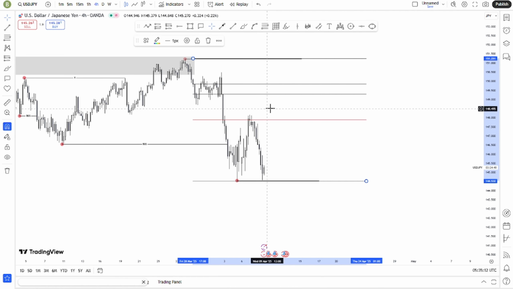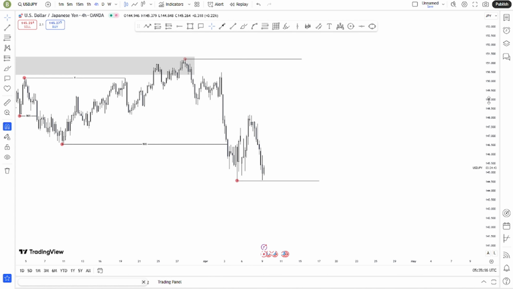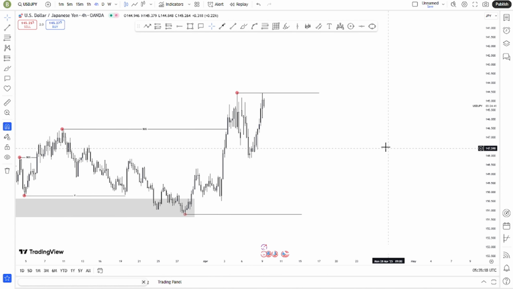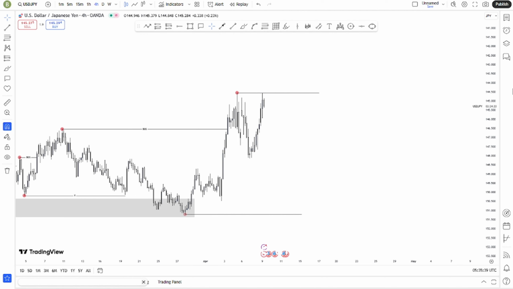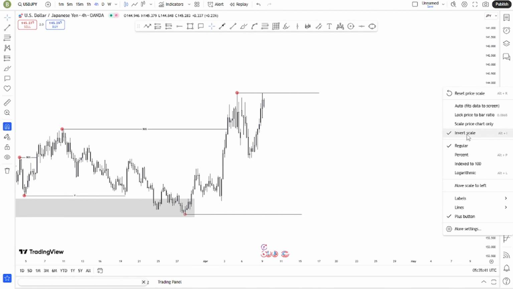If you're looking for buying opportunities, then let's say maybe just like that, let me invert this thing here from the low to the high, then it means that you have to take entries below this red line here. It means that this area here of imbalance or an order block, for example, if we had an order block, it would be valid. What you need to do is wait for a change of character, then enter your trades, guys. Now, let me just remove this thing here and then put back my charts the way they were.